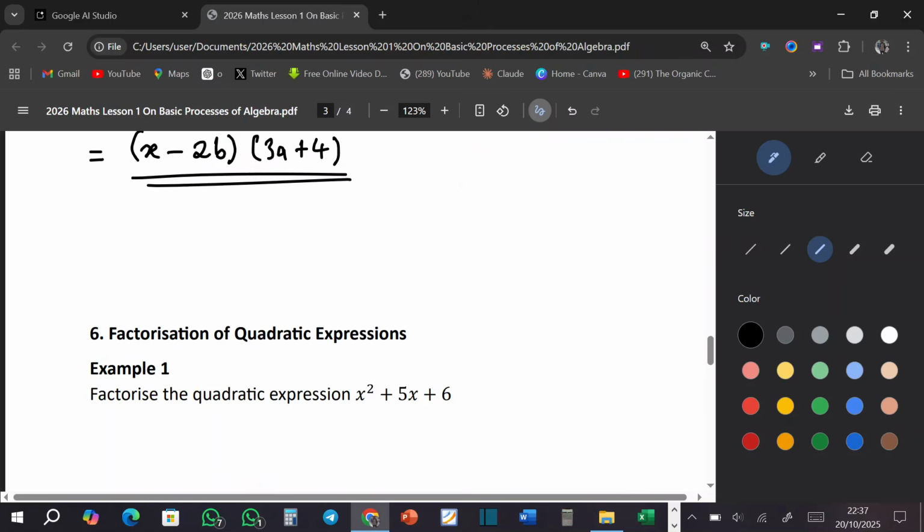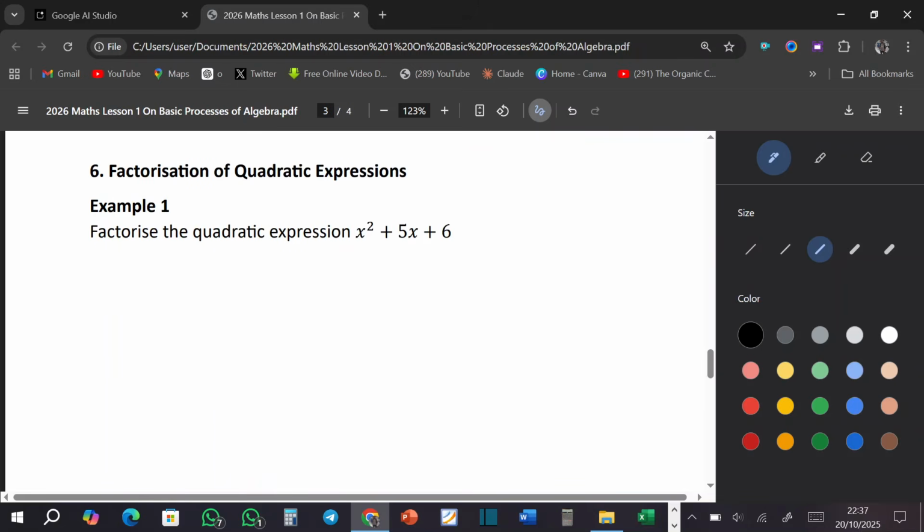Then we come to another one, factorization of quadratic expression. So you have an expression like this, where one term is squared, another term is not. So this one, you do factorization of quadratic expressions. So here is how you do it.